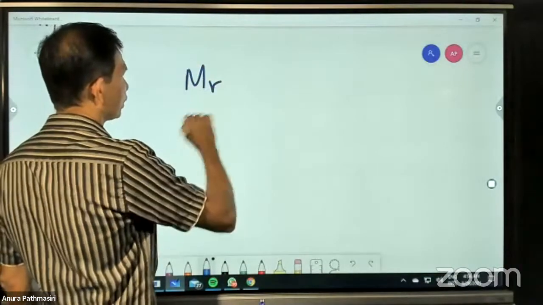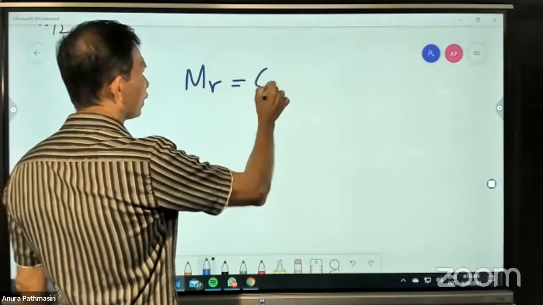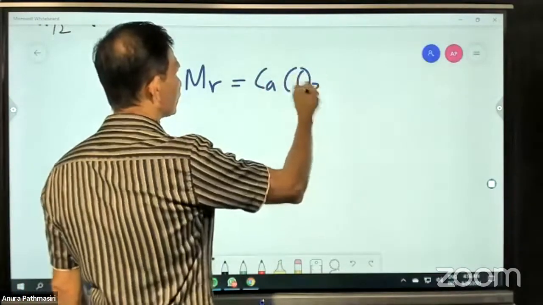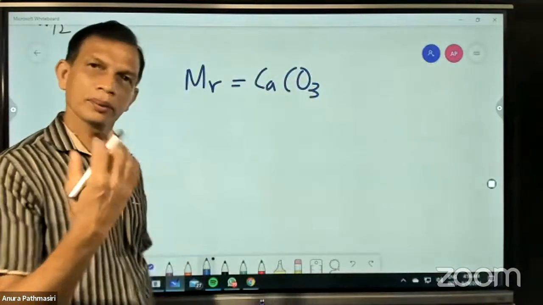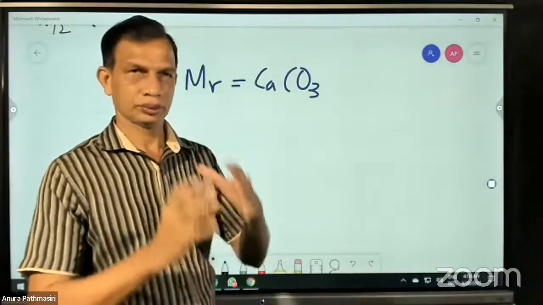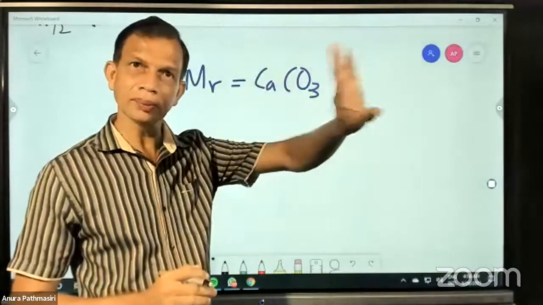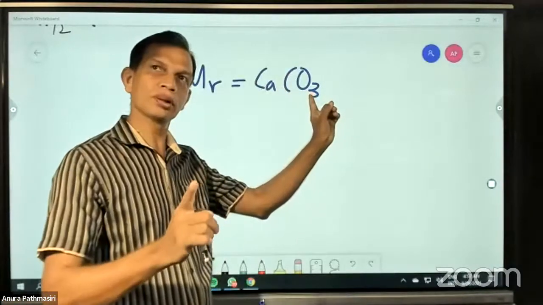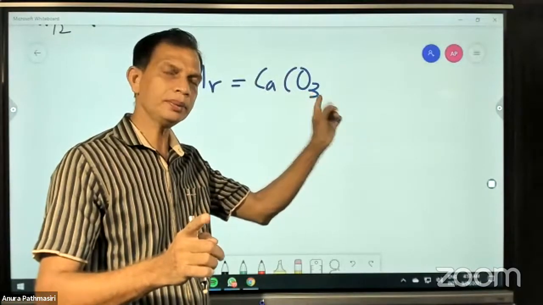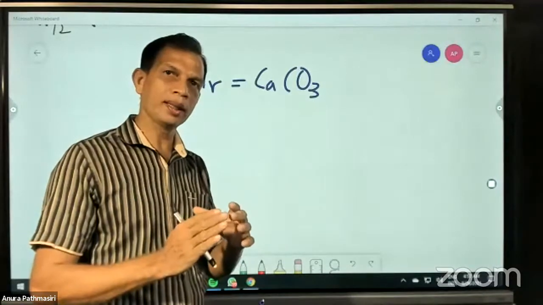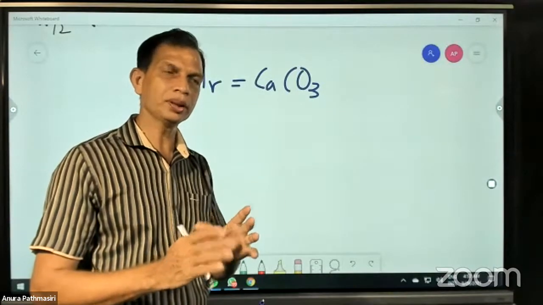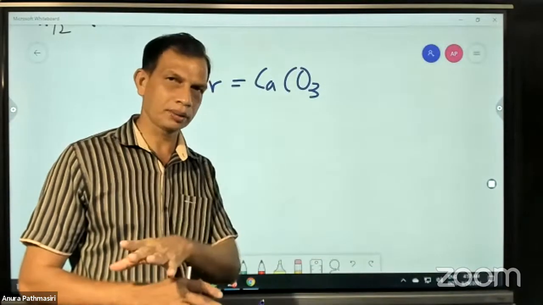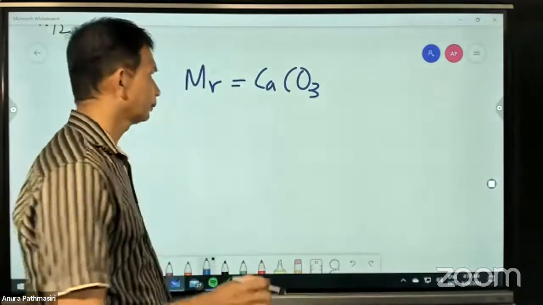Then, how can we find the relative molecular mass of calcium carbonate? I'm going to use the short method, not the long method. The long method is finding the mass of calcium carbonate in grams and then dividing by the atomic mass unit, and then doing the calculation. I don't want that.